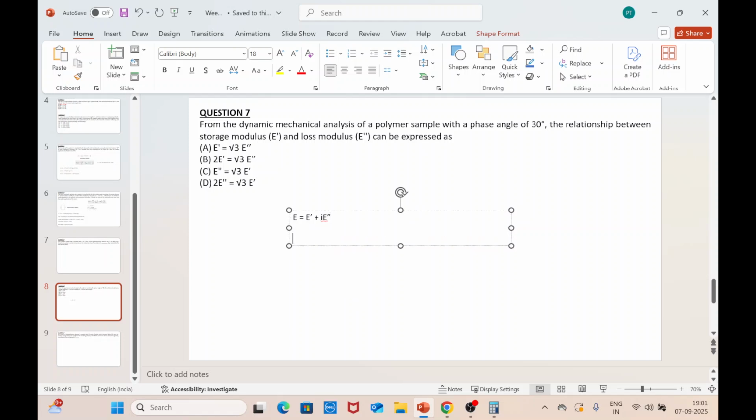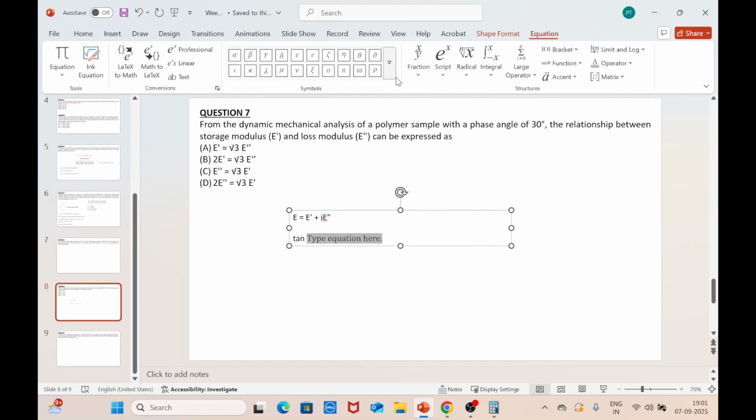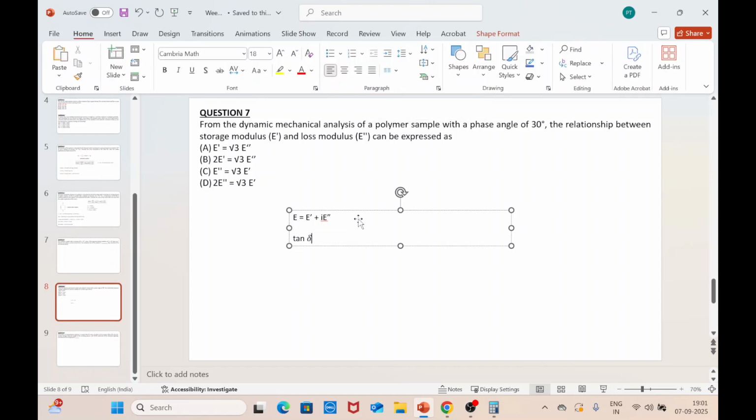And the phase angle you can give as tan delta, as loss modulus by storage modulus.